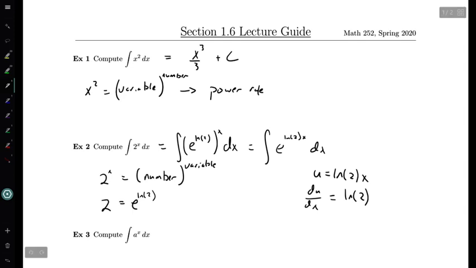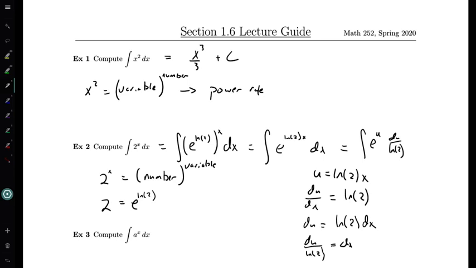That's going to tell me that du equals natural log of 2 dx, or rewritten, du over natural log of 2 equals dx. So when I do this substitution, I have the integral of e to the u, since I've set u to be natural log of 2 times x, and then I'm going to replace dx by du over natural log 2.